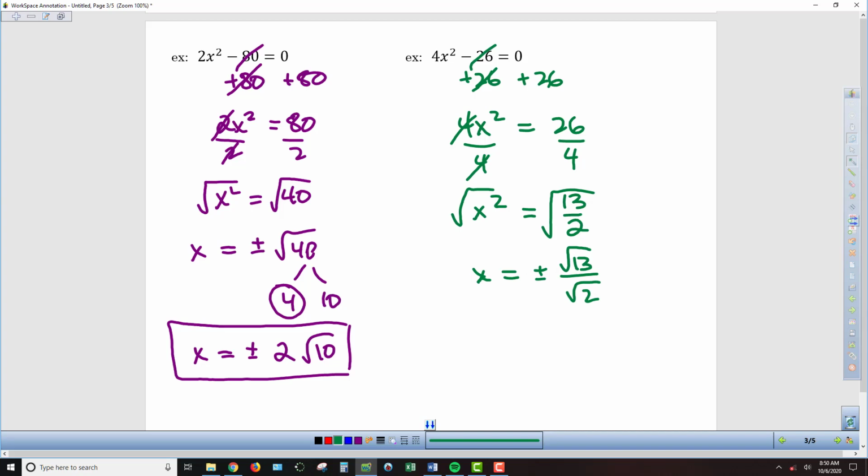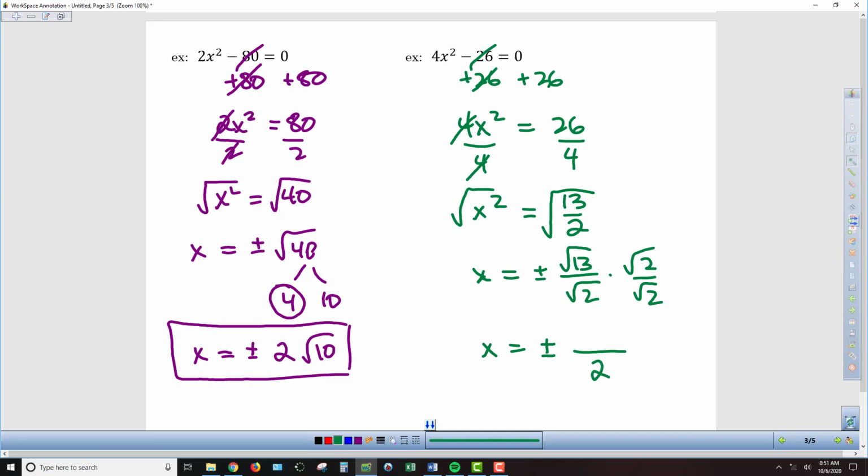And so here we have a square root in the denominator. We talked about this at the beginning of these notes, that we can't have a square root in the denominator of a final answer. So our technique for that is going to be to multiply the top and bottom by root 2. So that means I still have my plus or minus. On the bottom, root 2 times root 2, the square roots cancel out, so I just have 2.